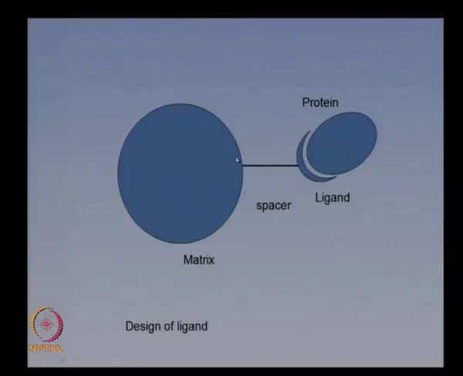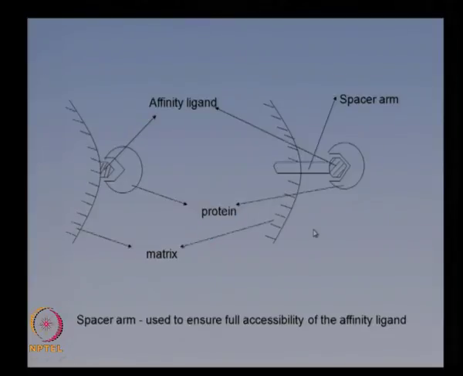So you may have interactions of the protein with the matrix which may disturb the selectivity pattern, that is why you have a spacer arm here. This is how a typical stationary phase will look like. You have a matrix, you have a spacer arm, and then you have the ligand. So the protein of interest will have a complementary shape and size to that of the ligand.